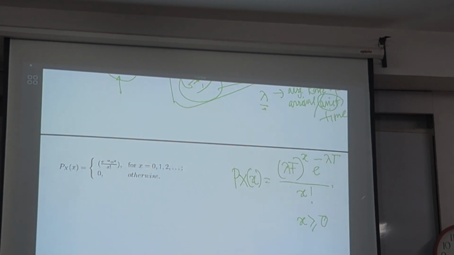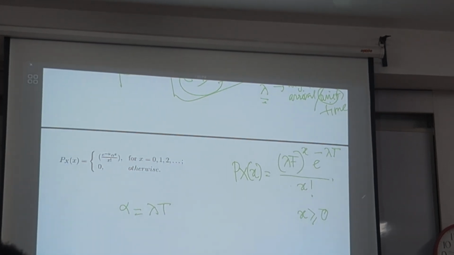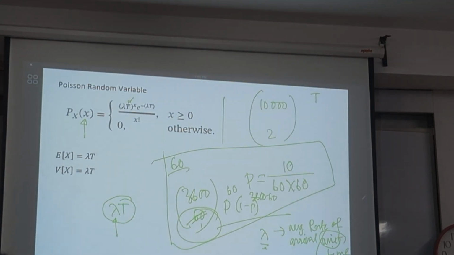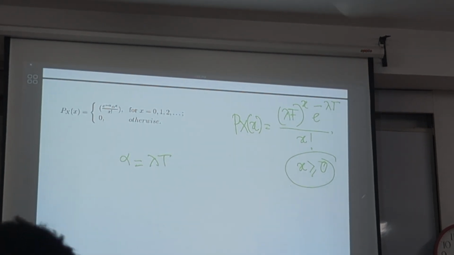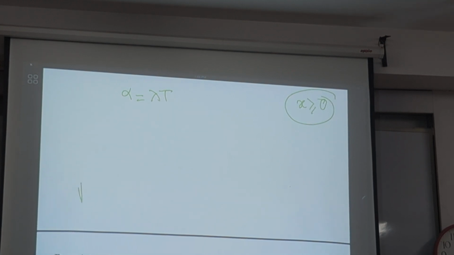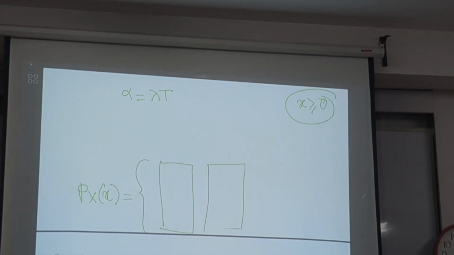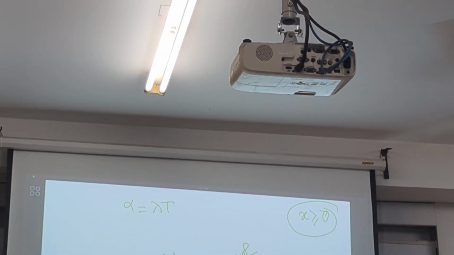In many books, you will find a quantity defined called alpha, equal to lambda T. Whenever we write such a function, we have two columns: the first column indicates the value, the second column the probability.